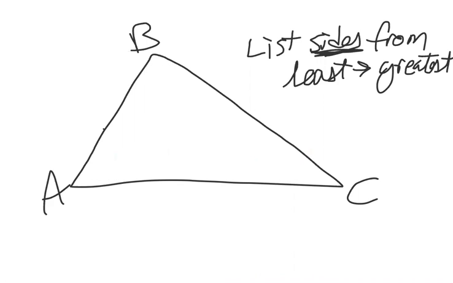What if I did this to you? So first we're going to find angle C. And angle C is just going to be, well, let's see, 70 and 40 is 110.